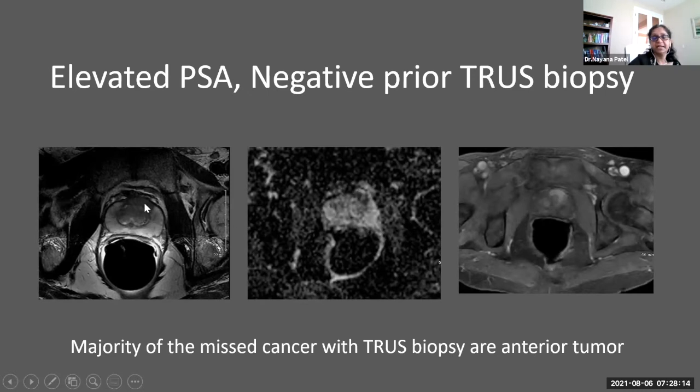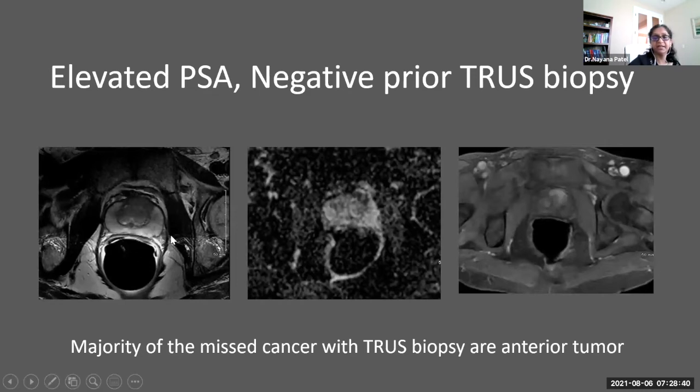The lesion has correspondingly restricted diffusion, seen as low signal intensity on ADC map, and early enhancement. So this was Gleason 7 prostate cancer. Many studies have reported that the majority of the missed cancers with TRUS biopsy are anterior tumors.